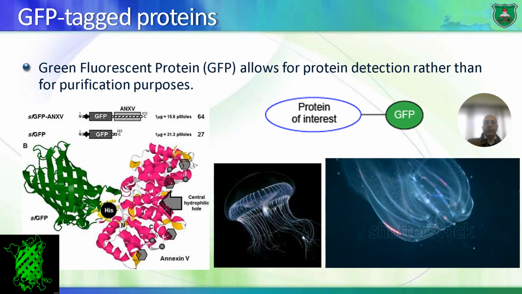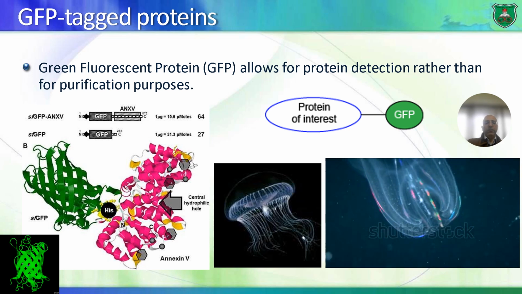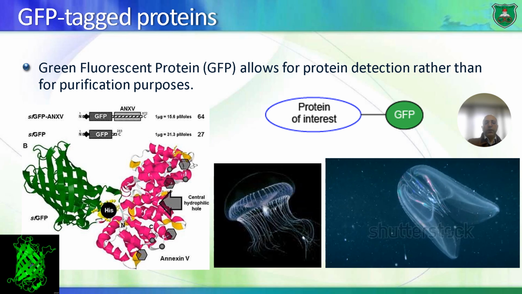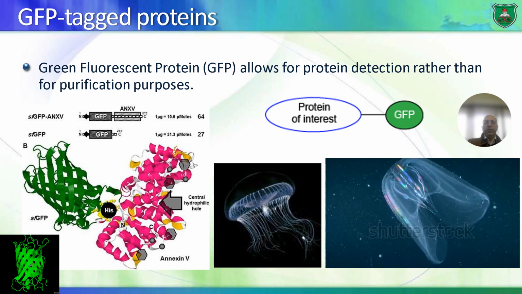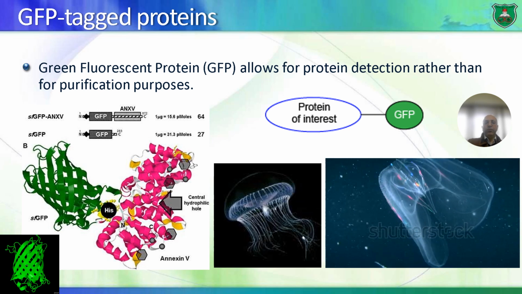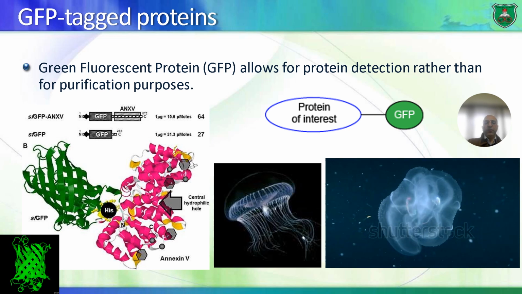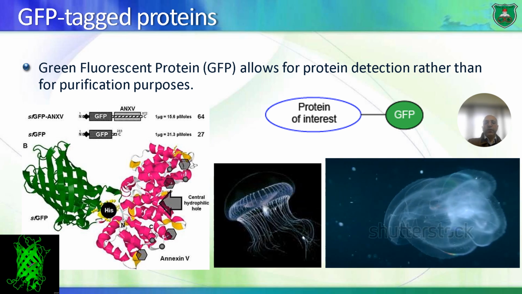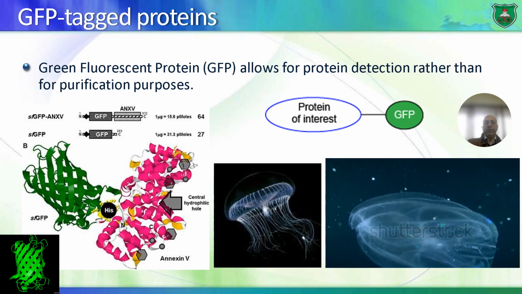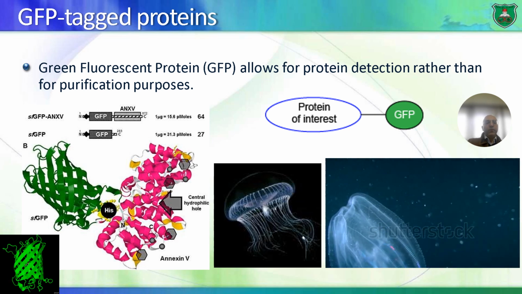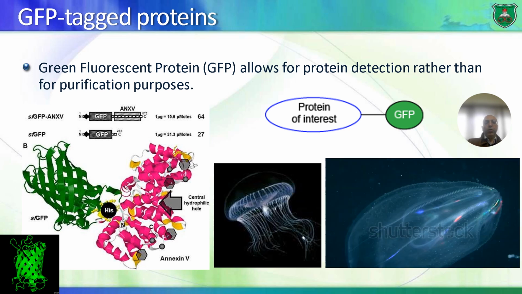Beautiful movie. You can see the fluorescent proteins moving, right? So the genes that produce these proteins have been isolated. One of them is the green fluorescent protein, and we can again clone the genes together.